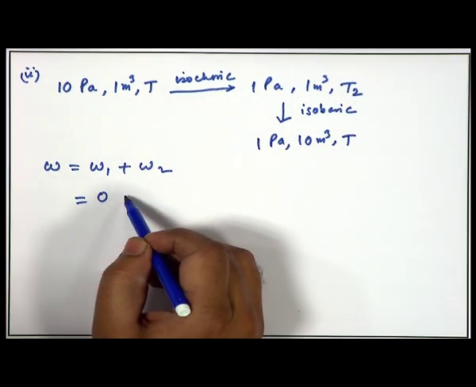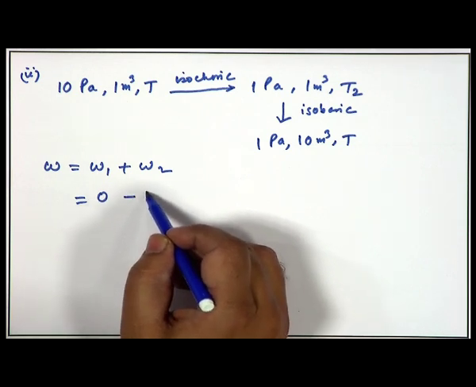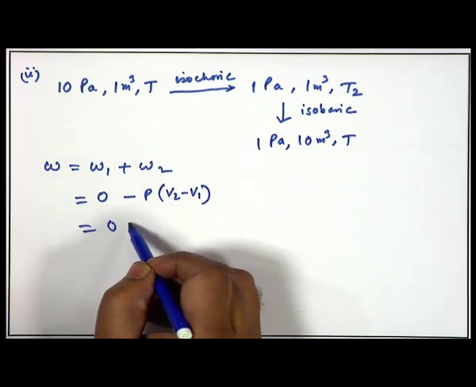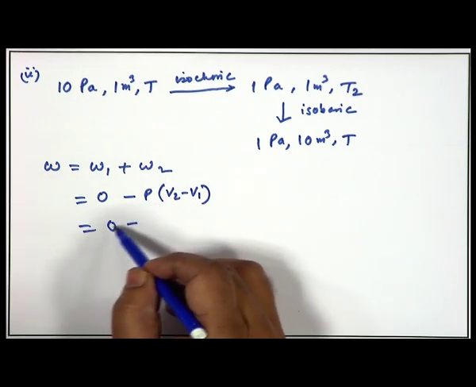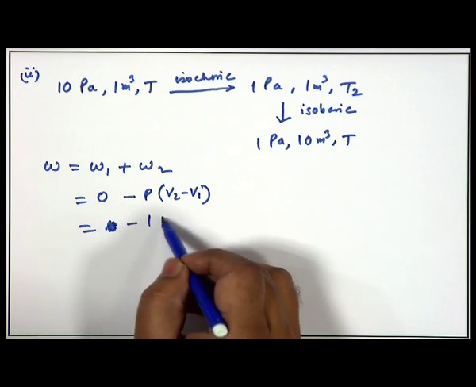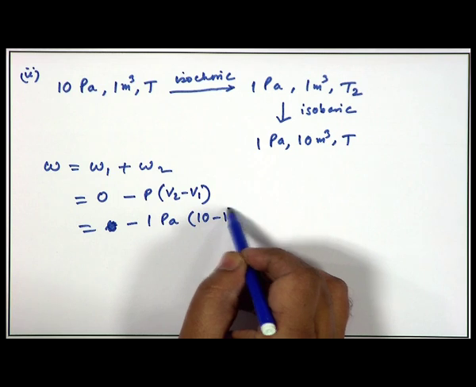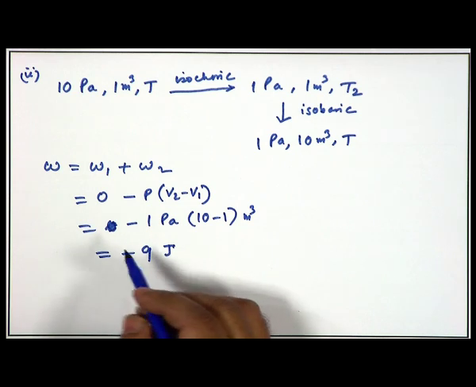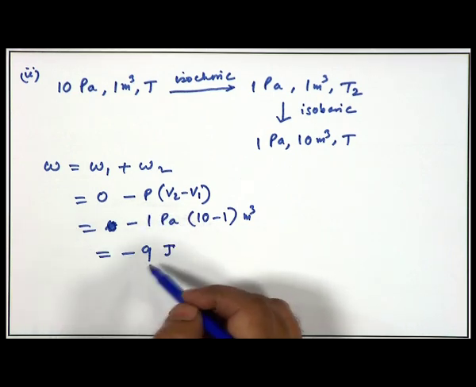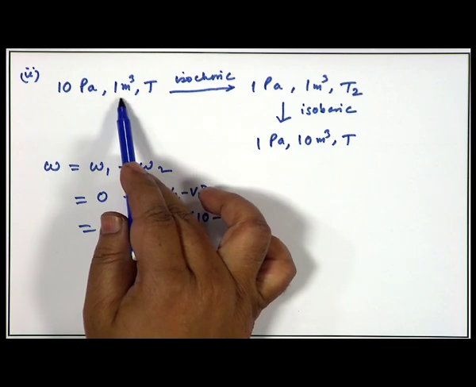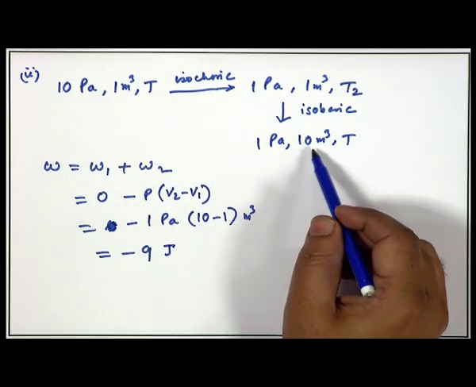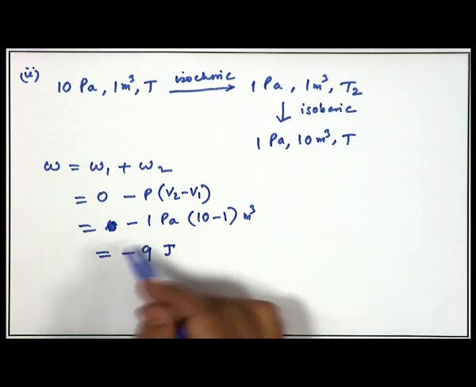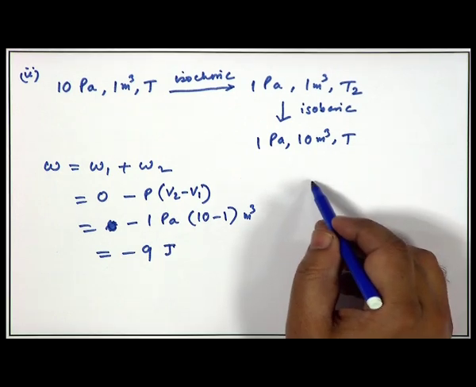So, it will be 0 and in the second case it will be minus P into V2 minus V1, which is 0 minus, I can remove 0, 1 Pascal into 10 minus 1 meter cube, which gives minus 9 J. You can see this is an expansion process, volume is going from 1 to 10 meter cubes, and because of the expansion process the system is losing some energy. So, in all the cases you are getting a negative value for your work.